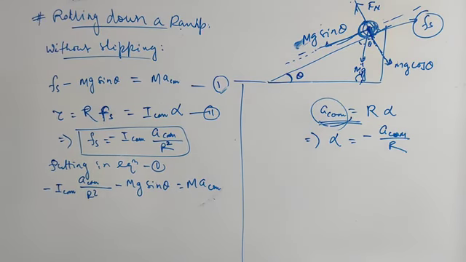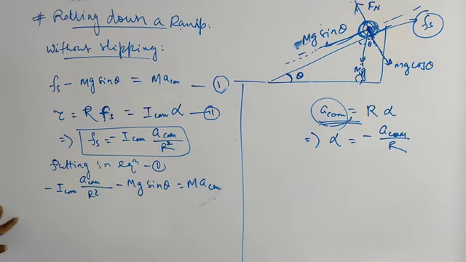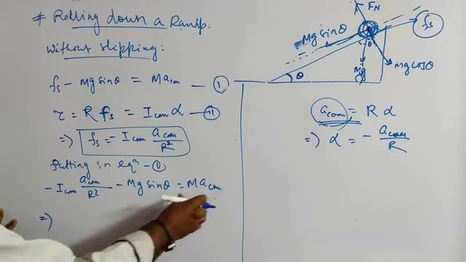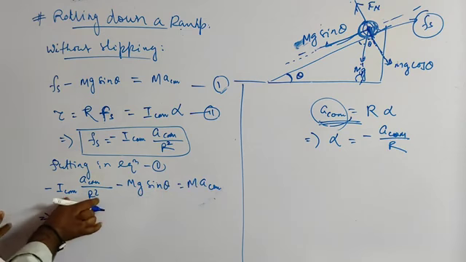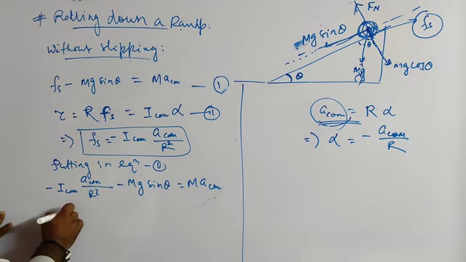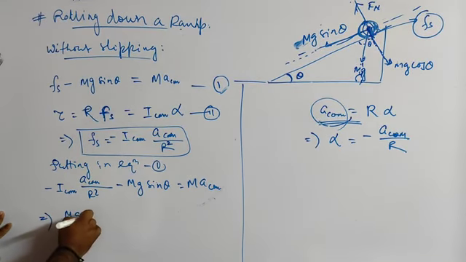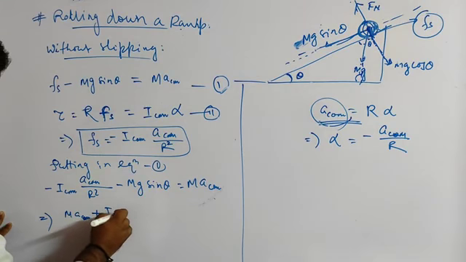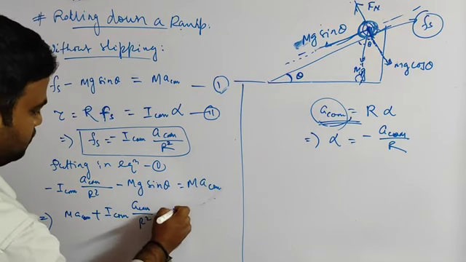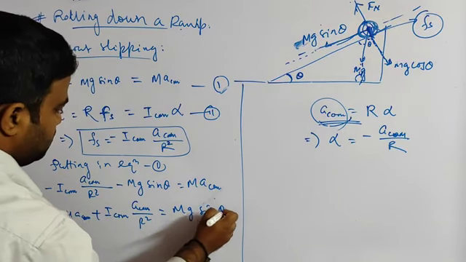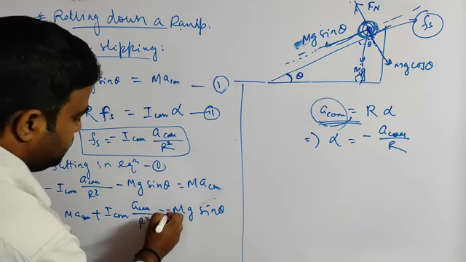Now just to simplify it and try to calculate a center of mass, I can bring this to the left side, or I can take it to the right side. Anyway I can do it. So I can take it to the right side, so it will become m a center of mass plus I center of mass a center of mass by r square is equal to minus mg sin theta.